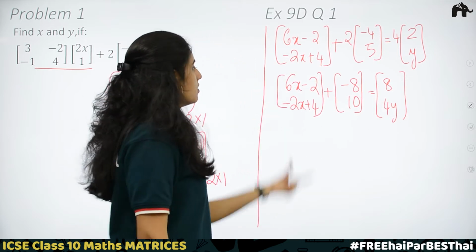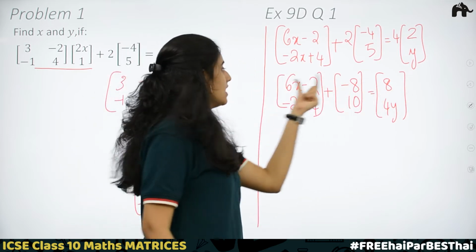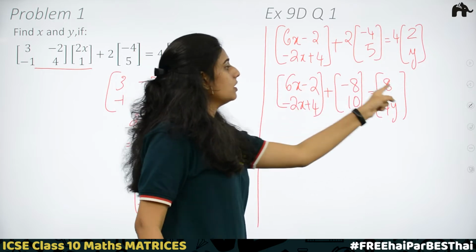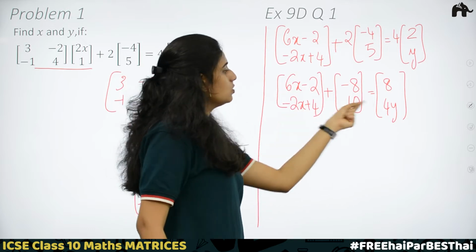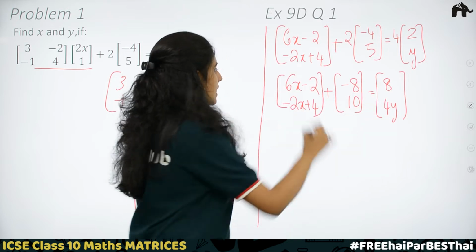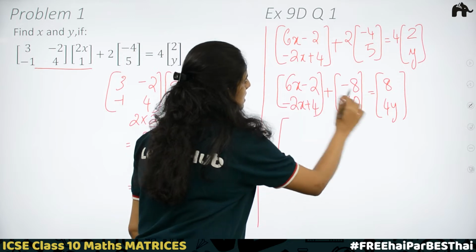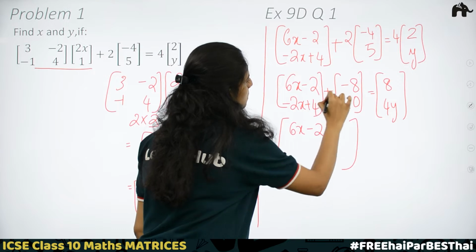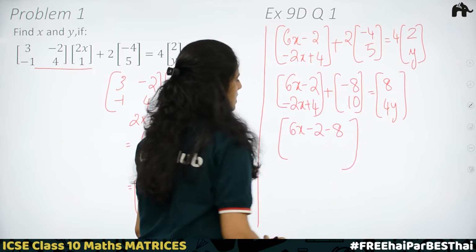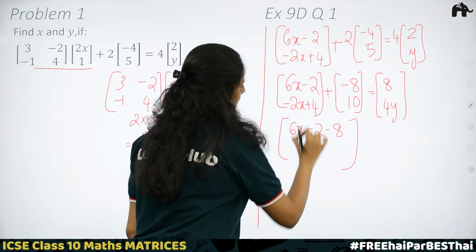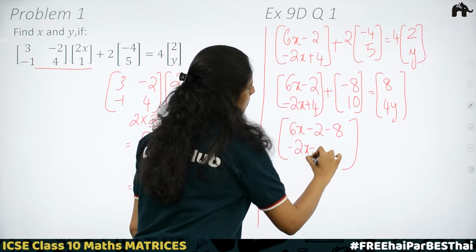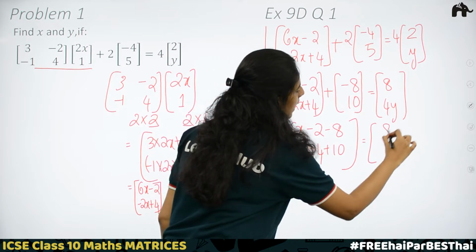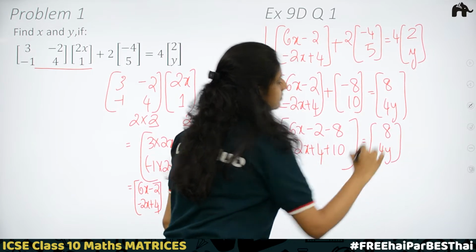Now, considering the corresponding elements, we can add these two to get this. Adding these two will be equal to 8, and adding these two will be equal to 4y. That is, adding the matrices, we get 6x minus 2 plus minus 8, that is minus 10 for the first element. Second, we have minus 2x plus 4 plus 10, equal to 4y.